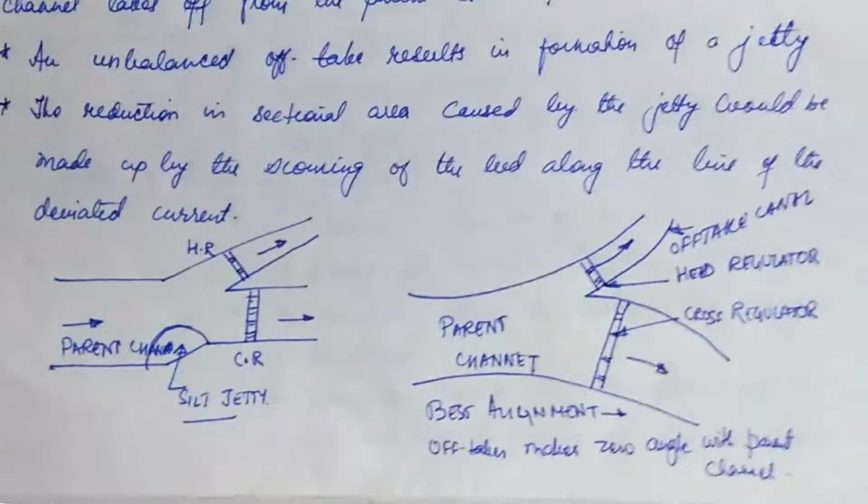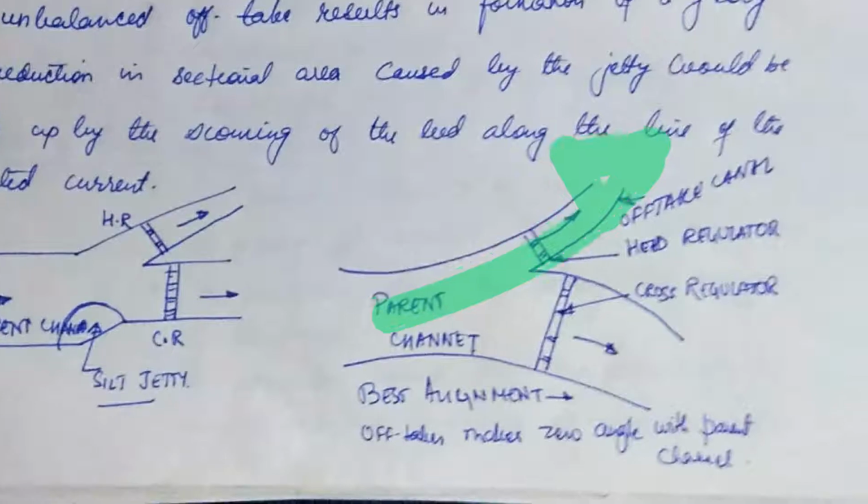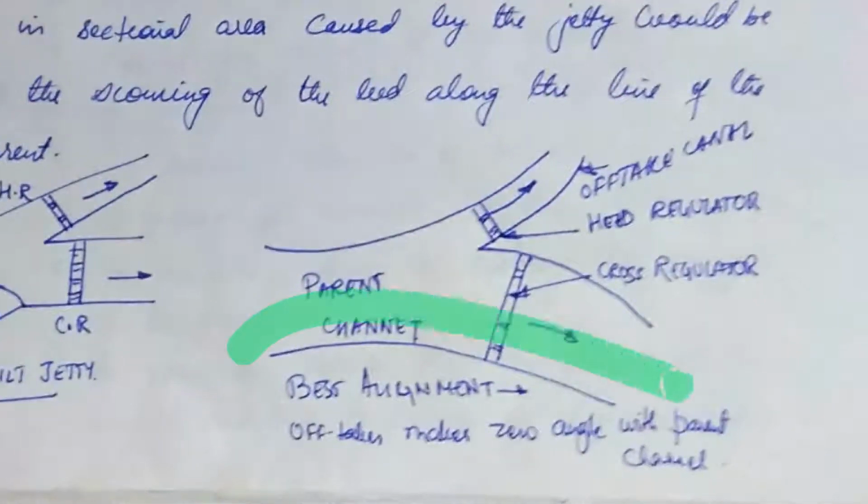You can see here, this is your parent channel and this is your offtake canal, and this is your parent channel that is actually diverted here, and these are called cross regulators, and this is your head regulator.